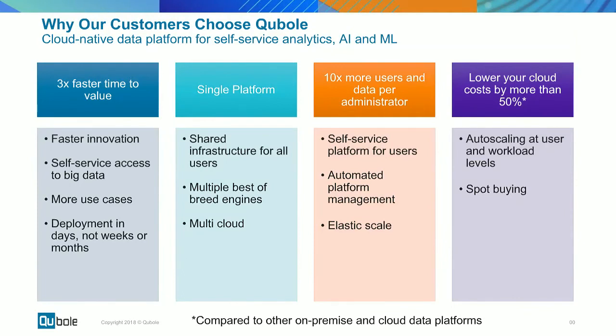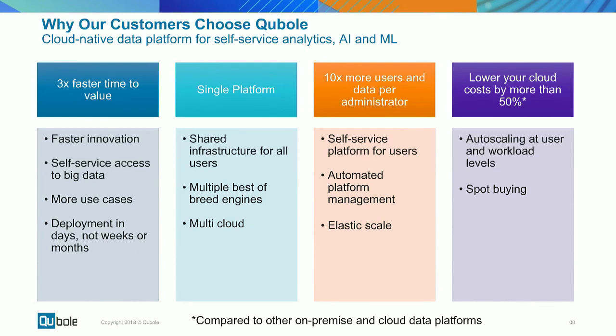And then let's talk about why customers choose Qubole, right? So 3 times faster time to value. Speaking about Ibotta, they can build product faster, right? It's a single platform that gives you multiple engines, supports you in multiple clouds, and it's a shared infrastructure for all users. And the third aspect, which is very important, is the ability for one administrator to support multiple users.